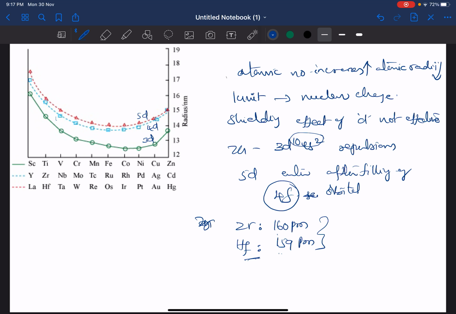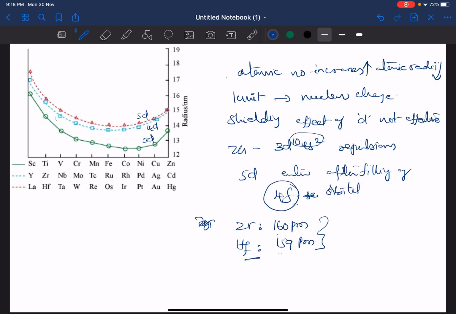Why? Because before the 5d electrons are filled, the 4f orbitals are completely filled. The complete filling of 4f orbitals has a poor shielding effect. Due to that poor shielding effect, the effective nuclear charge increases as the atomic number increases and the atomic radius gradually decreases.